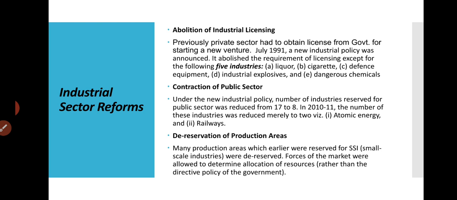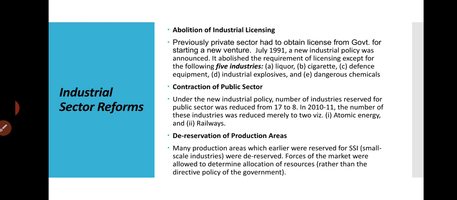So in 1991 a new industrial policy was announced, and it abolished the requirement of the licensing except in case of 5 industries: first liquor, second cigarette, third defense equipments, next is industrial explosive, and the last is dangerous chemicals. So except these 5 areas, in rest of the areas license was not required.